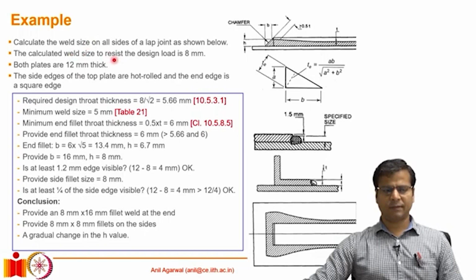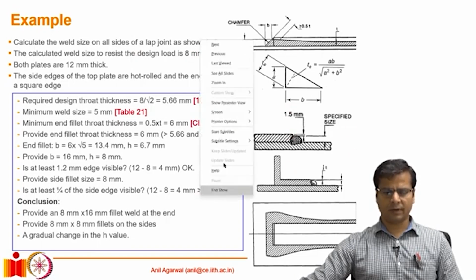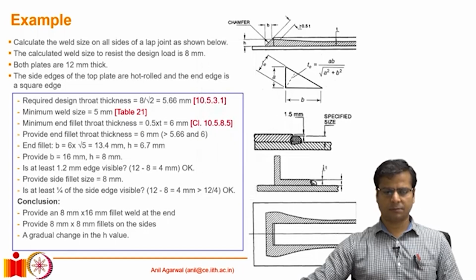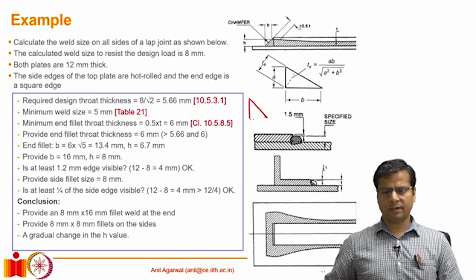Some additional conditions are given. The weld size required to resist the design load is 8 millimeters. That means we require a weld of at least 8 millimeter size. If it's an equal sided weld, we require at least 8 millimeters size weld. Both plates that are being joined are 12 millimeter thick each.